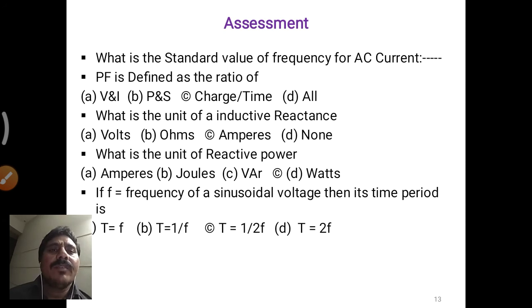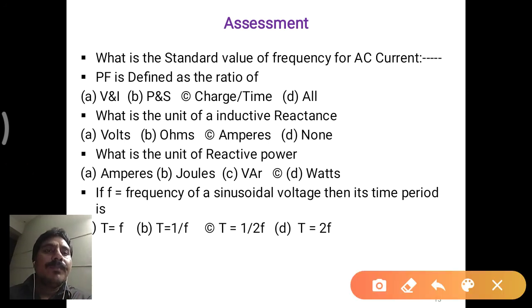Coming to the second part, power factor is defined as the ratio of real power and apparent power. Now coming to the third one, what is the unit of reactance?